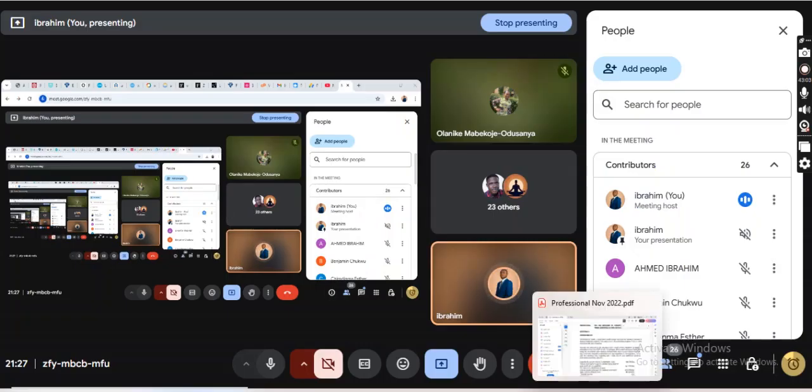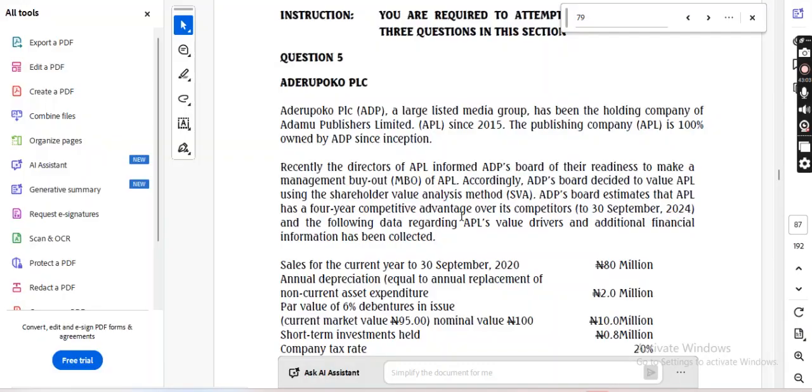Okay, now what really happened here is that ADP has been the holding company of Adamu since 2015. The publishing company APL is 100% owned. So which means that APL is owned by ADP, right? APL 100% is being owned by ADP, right?